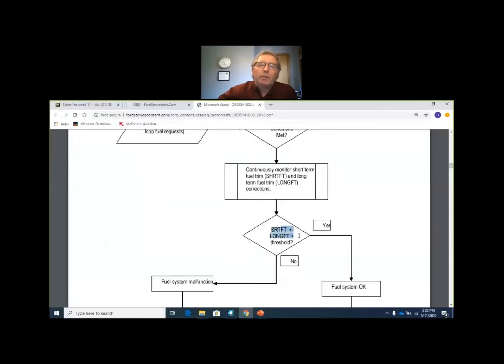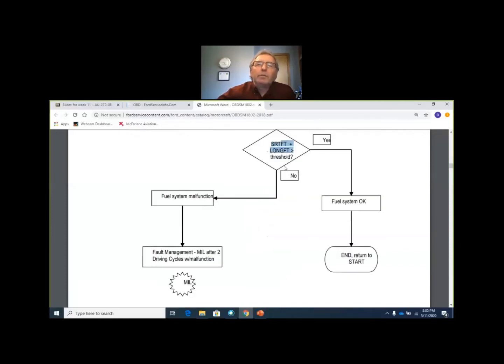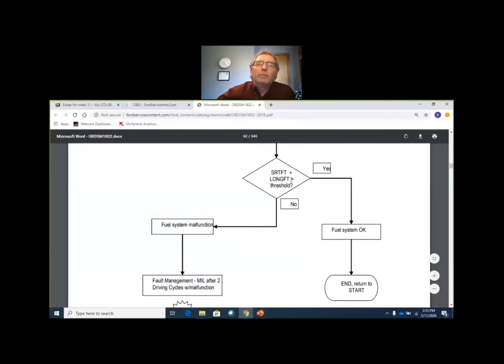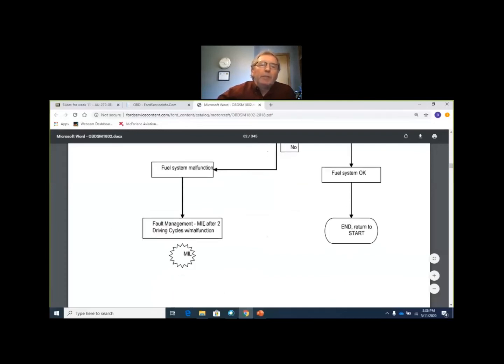If the short-term plus the long-term fuel trim together are greater than the threshold, that seems a little crazy. I'm going to say that this should say less than the threshold, and it would be okay, and greater, it would be bad. And after 2 driving cycles with a malfunction, the check engine light's going to come on.